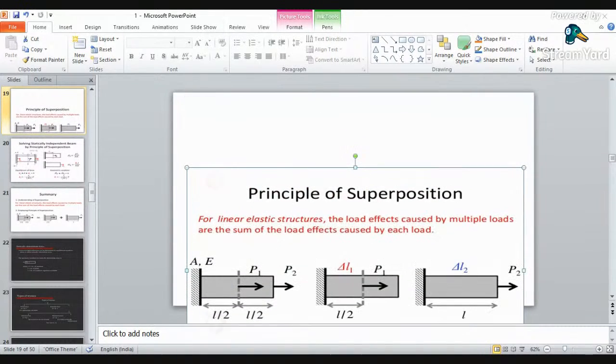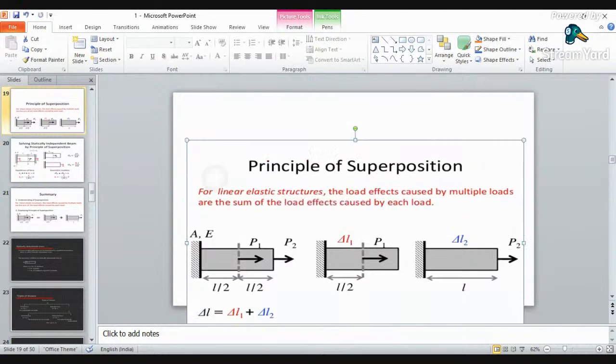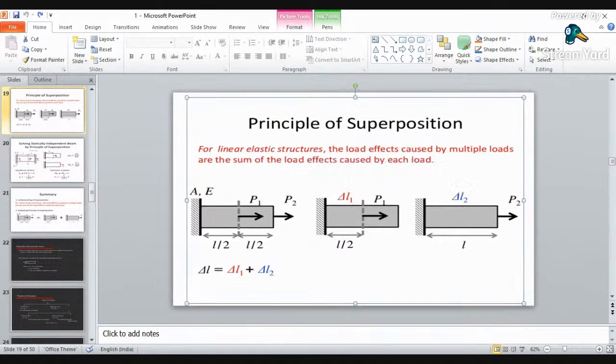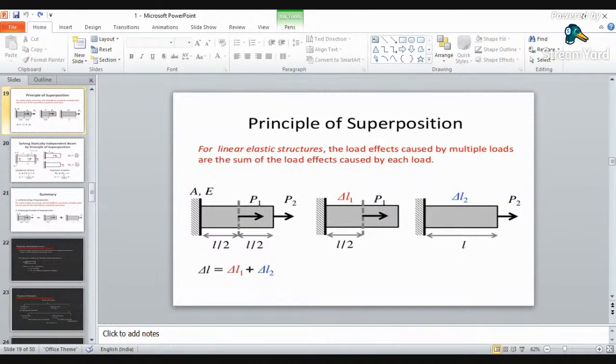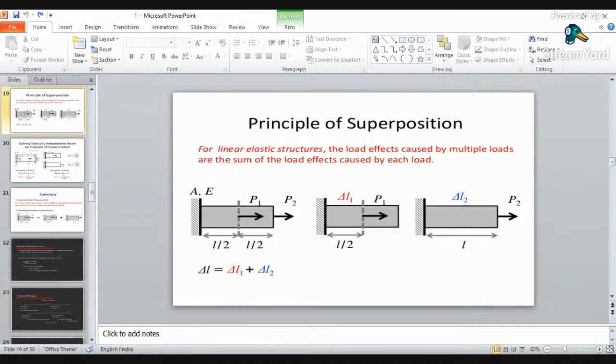Okay, so there will be negligible deformations when using the principle of superposition. The second assumption is that the material used in the structure must be linearly elastic. In order for a material to be considered this way, its stress-strain relationship must follow Hooke's law, that is, the law of elasticity.